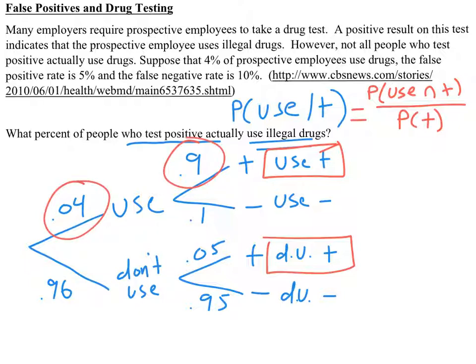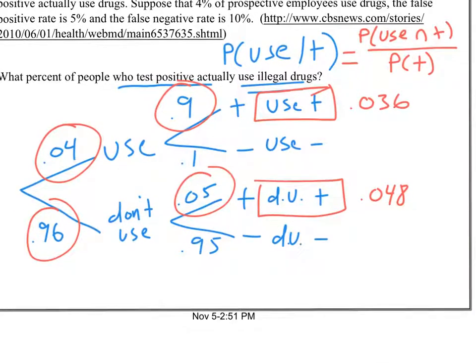0.04 times 0.9 is 0.036. 0.96 times 0.05 is 0.048. Now, I'll have to bump down here. This is what I'm bringing down.